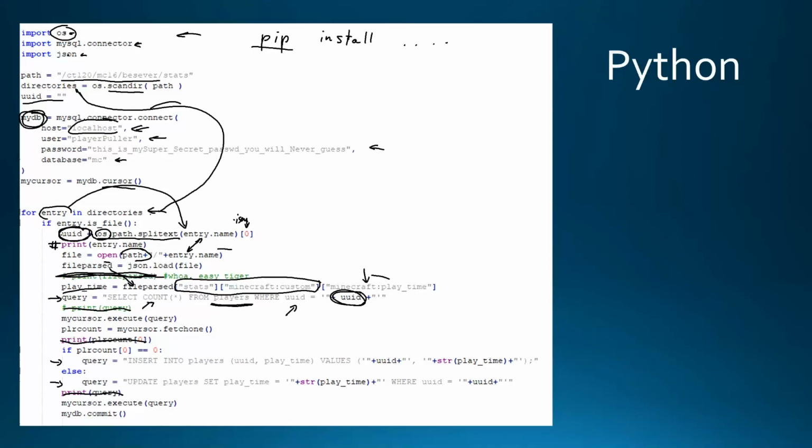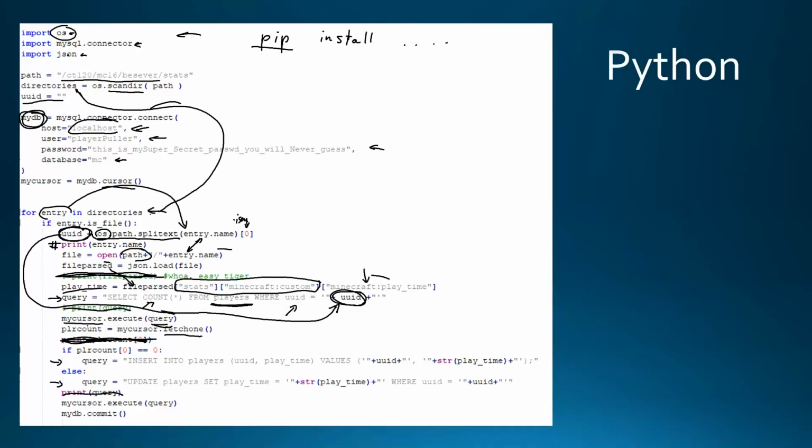That's where we define user ID, and it goes this way. So we're counting how many instances of this UUID appear in the table. If there are some, then we're just updating. If there aren't any, which means equals 0, we will be creating a new entry.